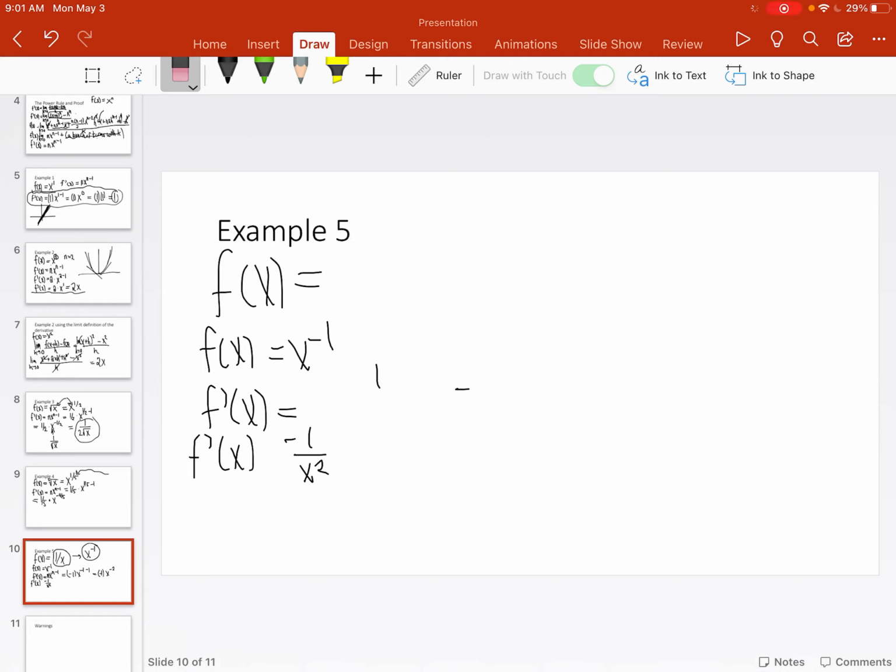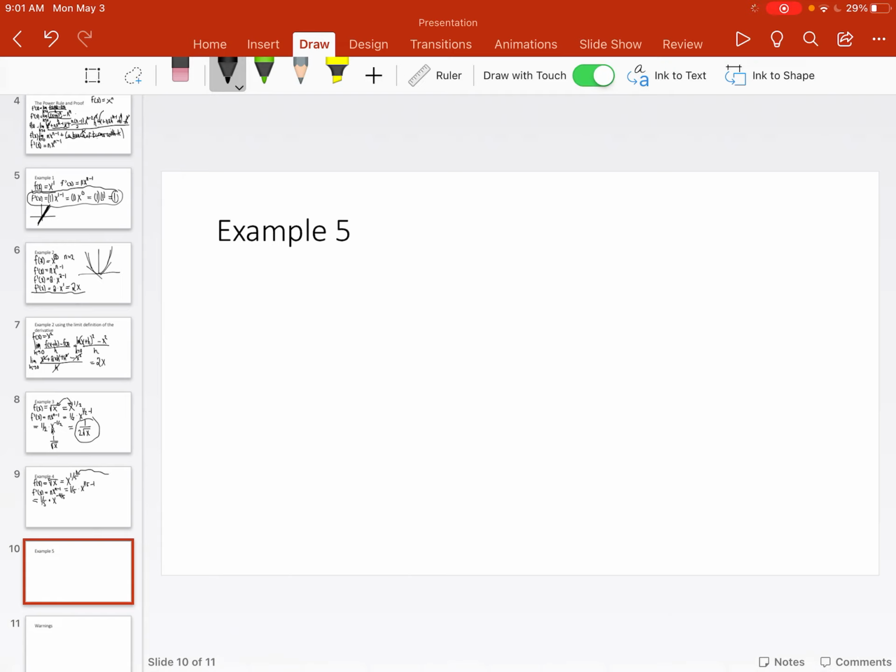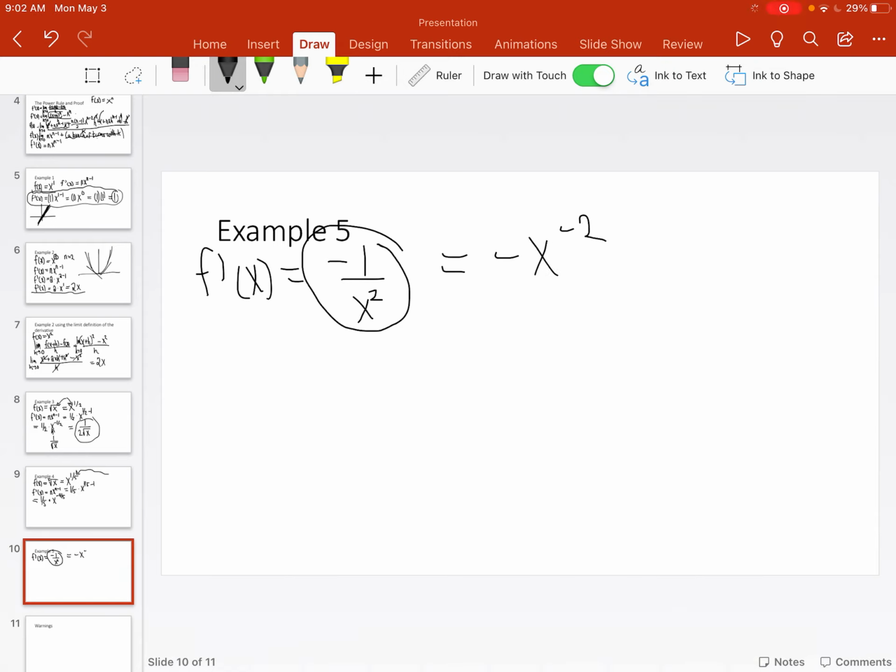Let's take a second derivative. Let me erase this. We've got our first derivative, so I'm just going to rewrite it up here. f prime of x is -1 over x squared. Let's take our second derivative. Because we simplified this, we recognize, again with strong pre-calc skills, that we can rewrite the function as -x to the -2.